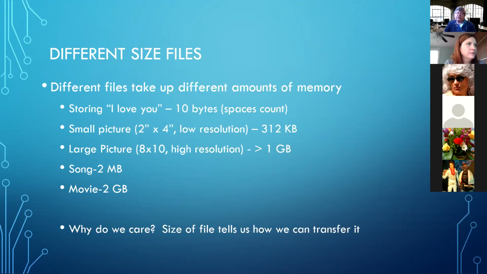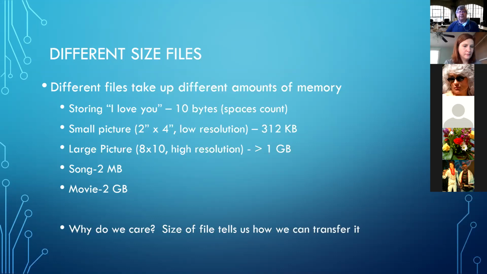A large picture can be very huge depending on what file size it's in and what we're doing with it. Pictures coming off your phone, even really good high quality phones like the newest iPhone, are probably going to be in the 200 to 300 megabyte size.